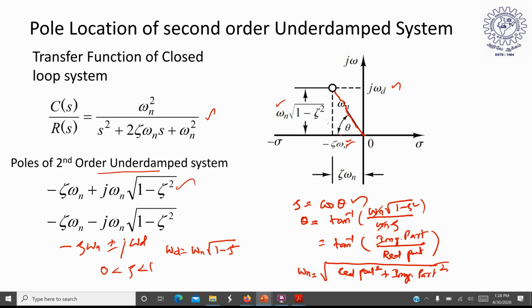So from the location we can easily find zeta and omega n. The real part represents zeta omega n and the imaginary part represents omega d. The inverse of zeta omega n is the time constant of the second order system. Omega d is the damped frequency of oscillation.